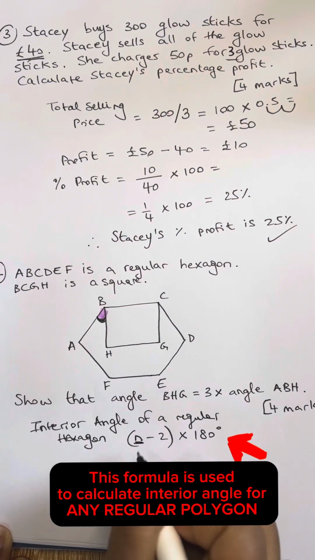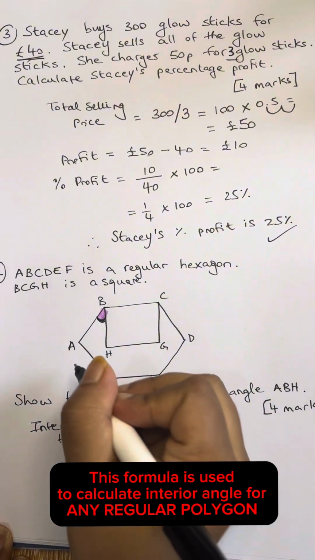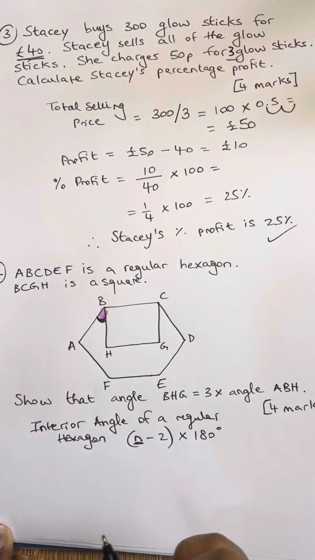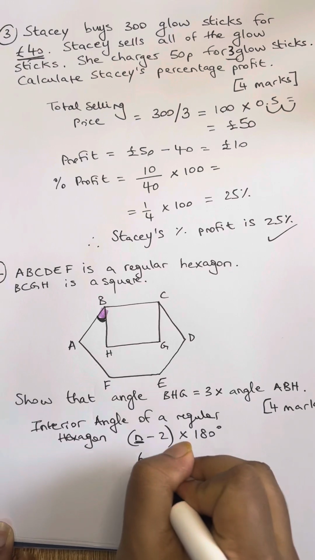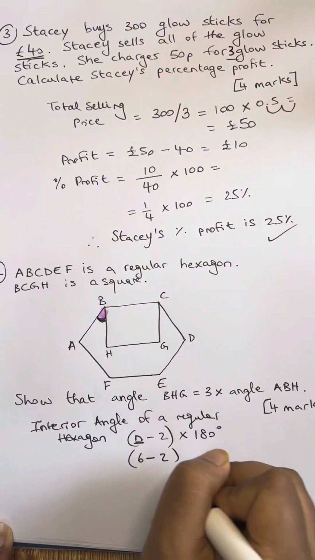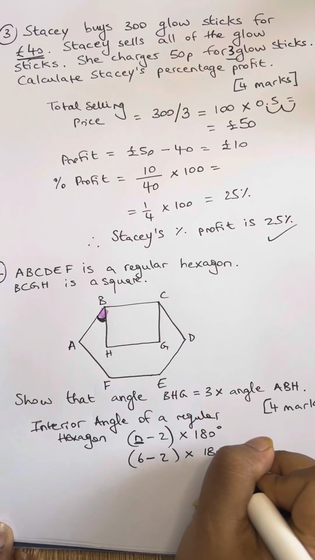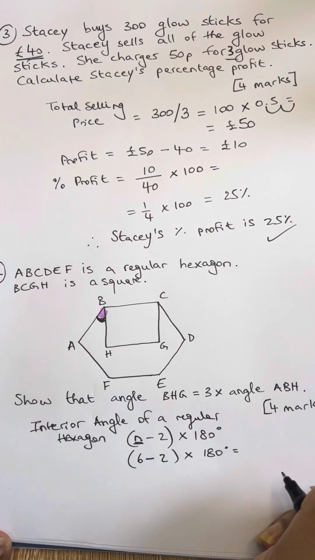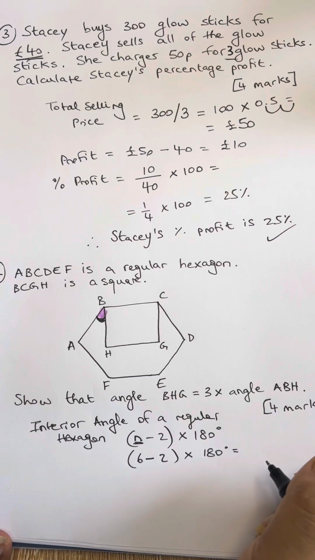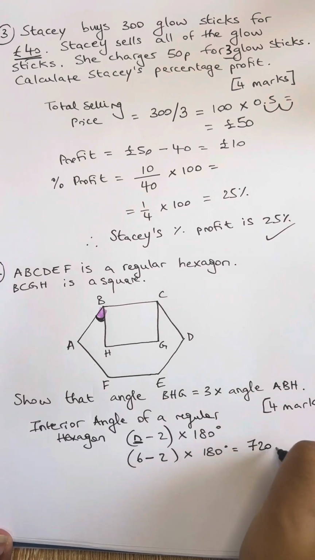Now n is the number of sides of the regular hexagon. So how many sides do we have in a hexagon? Clearly we've got 6. So 6 minus 2 multiplied by 180. 6 minus 2 is 4, and 4 times 180 is 720 degrees.